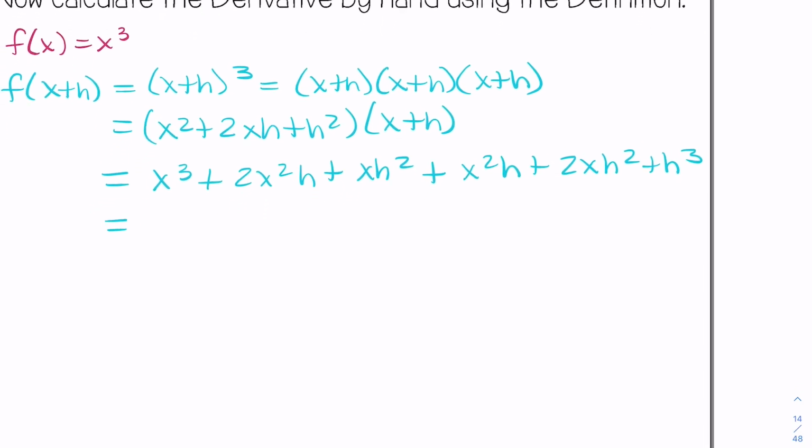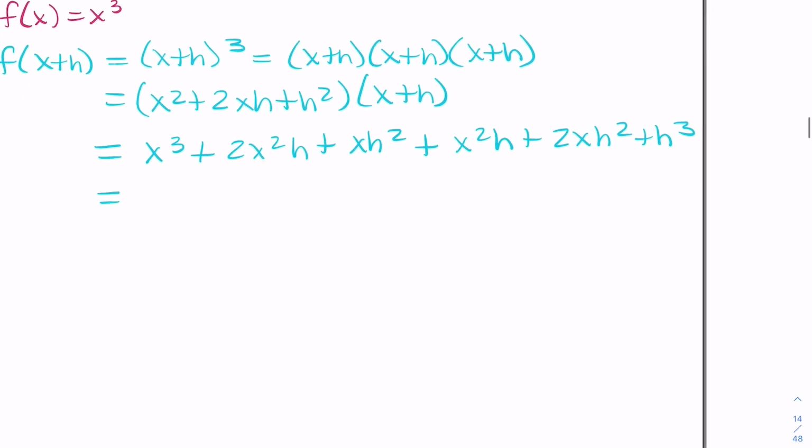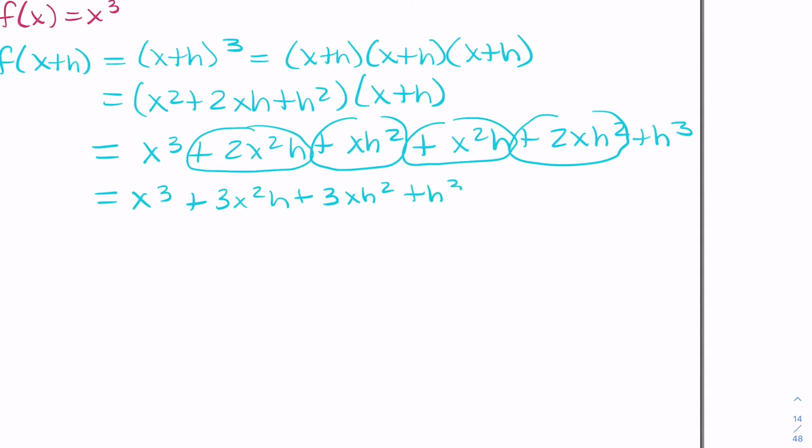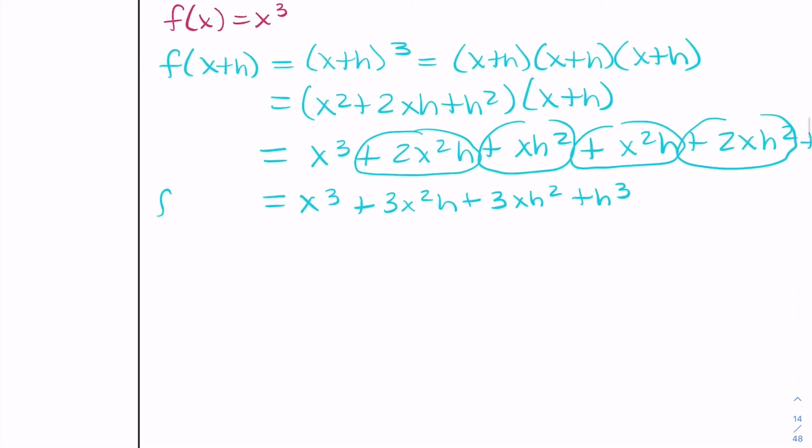So we get x cubed plus 2 and 1 is 3, plus 3x squared h's, and then plus 2 and 3, so we get plus 3x h squareds plus h cubed. So this is f of x plus h.